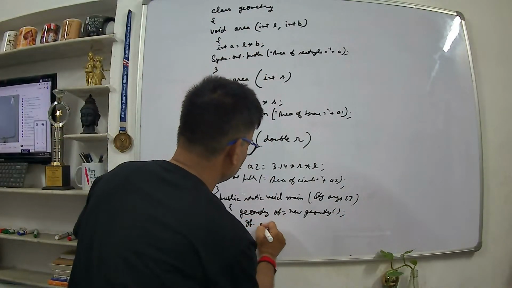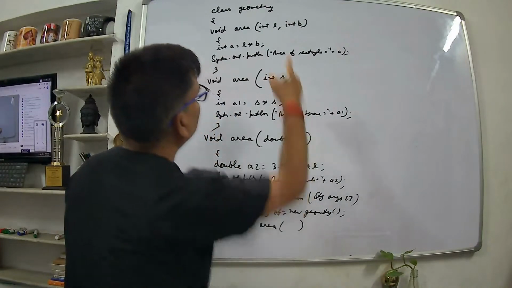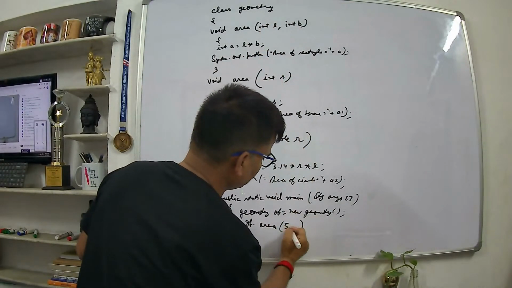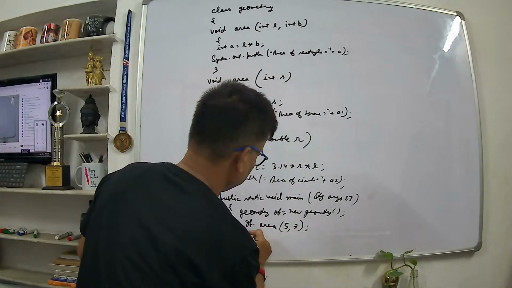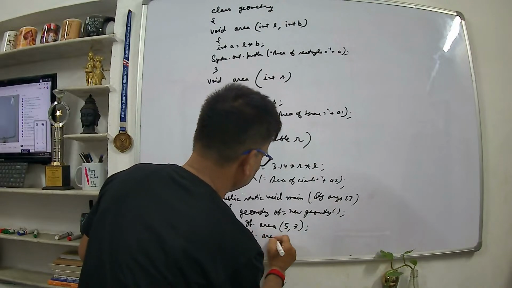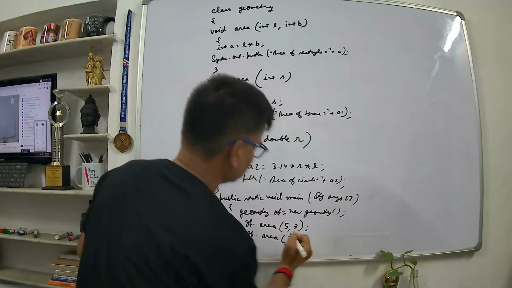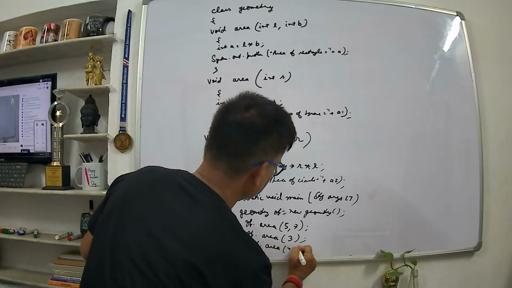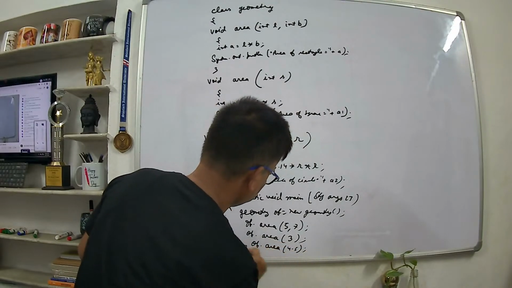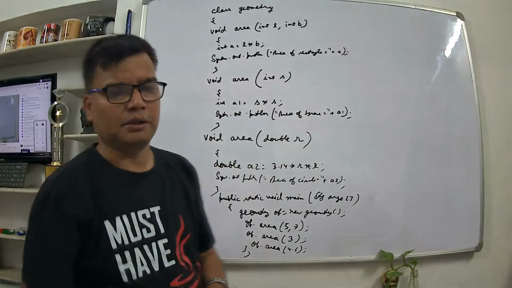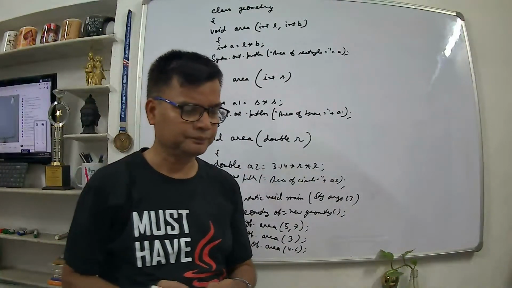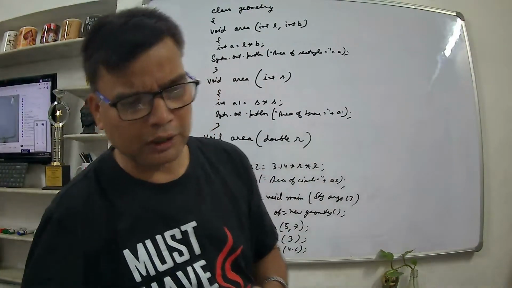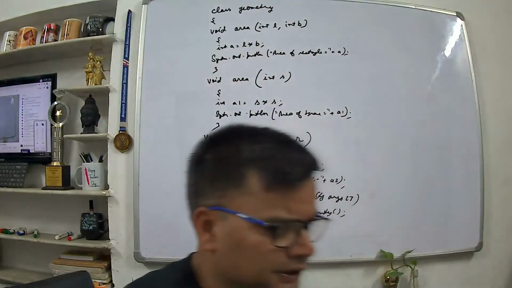OB.area with two integers 5, 7. OB.area with one integer. OB.area with 4.5. Is it fine? So I hope the concept of function overloading is clear to everyone.